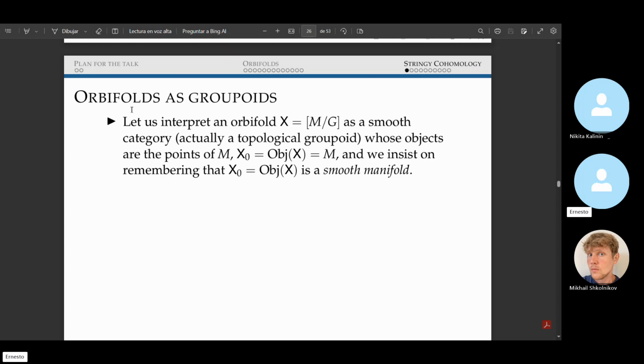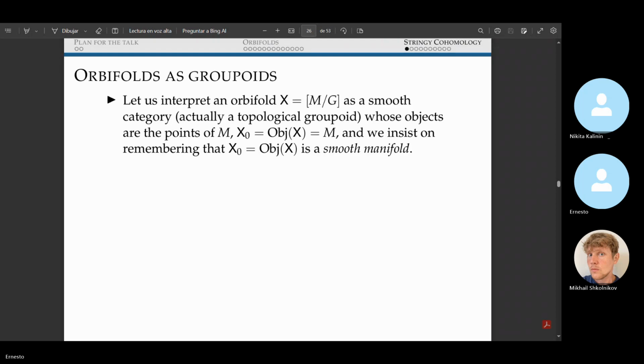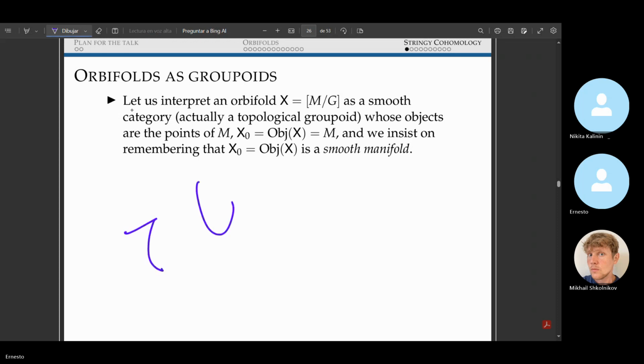And the situation regarding orbifolds is this. So here I imagine just one chart. And this is M, and then I divide by G, and I get X.